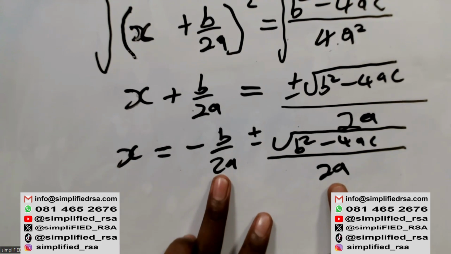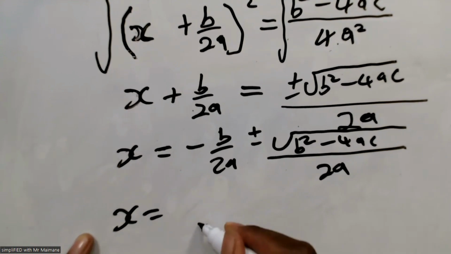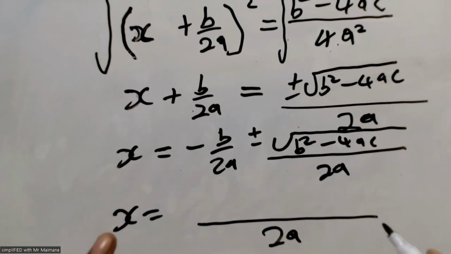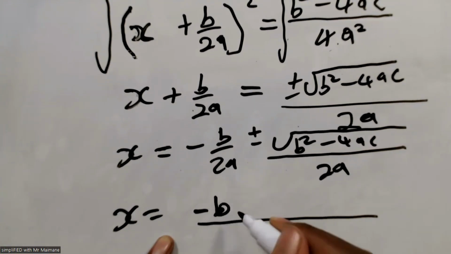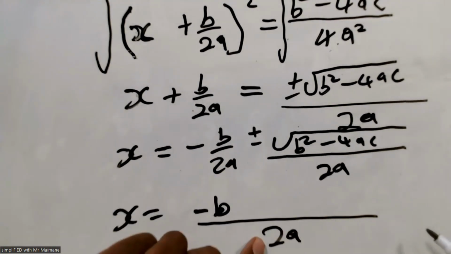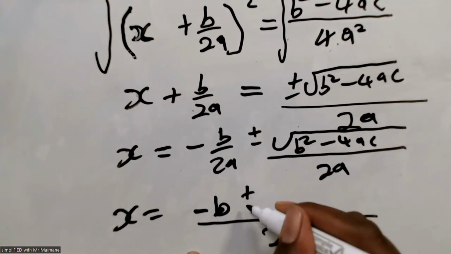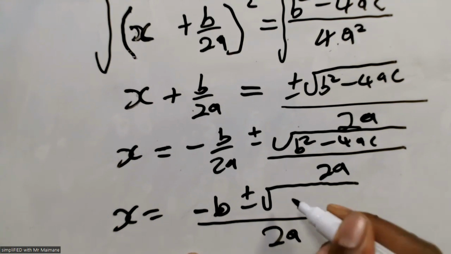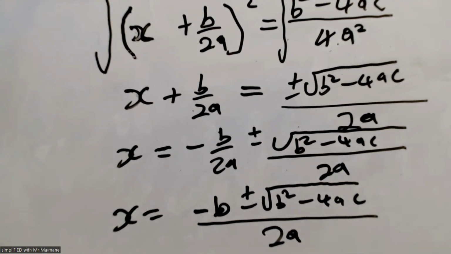We have a denominator of 2a, a denominator of 2a, meaning we can write this as: 2a goes once there, 1 times minus b is going to be minus b, and 2a goes once there times what we have up there, which is plus or minus the square root of b squared minus 4ac.